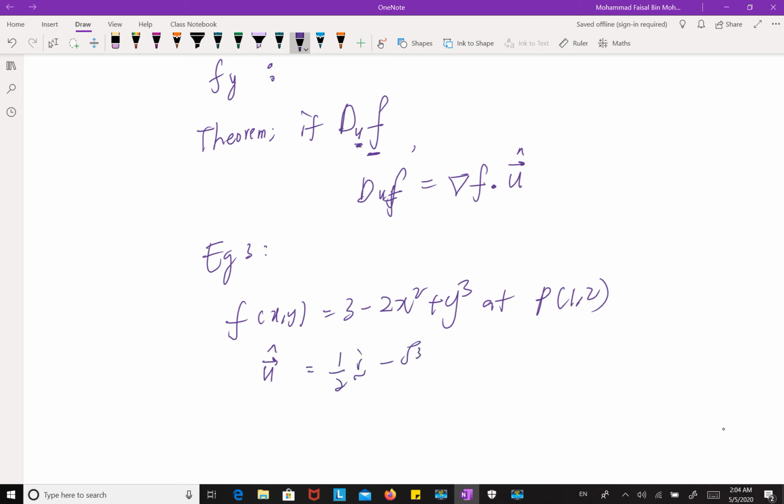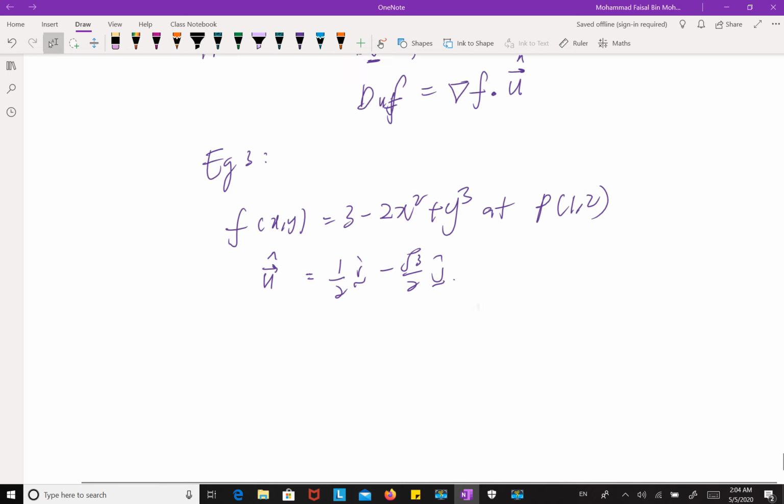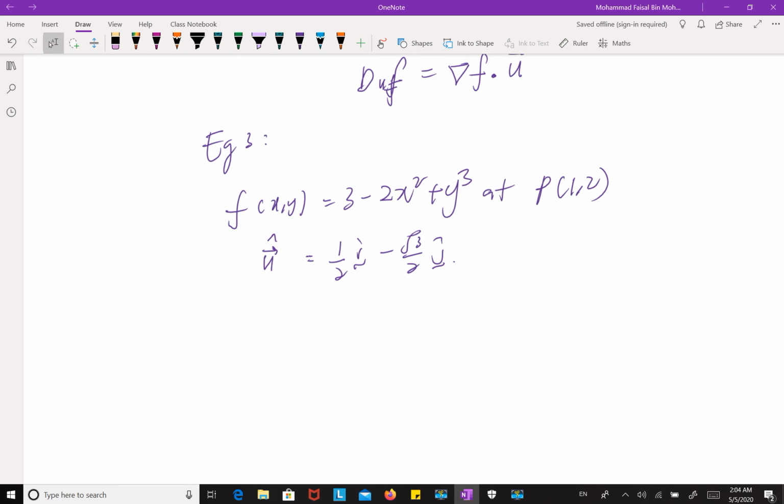This is given, the unit vector which is given. So your solution will be, you have to find the gradient f.